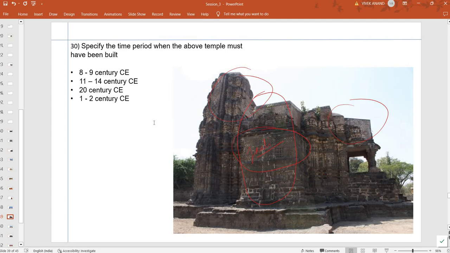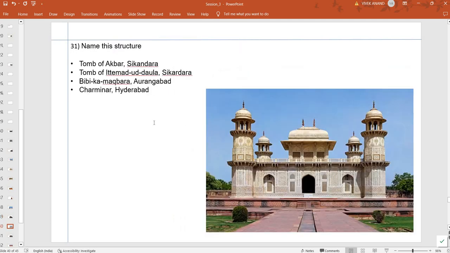So okay, let's move to the next question. Name the structure. I think we have already discussed this before. I think someone has already told which structure this is.